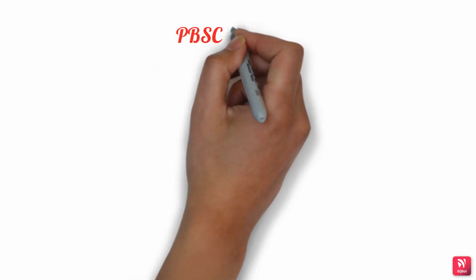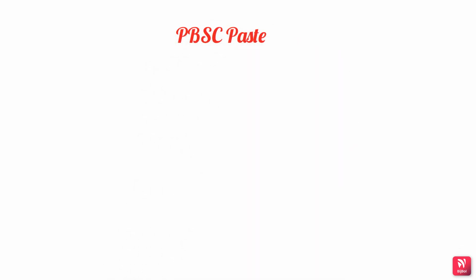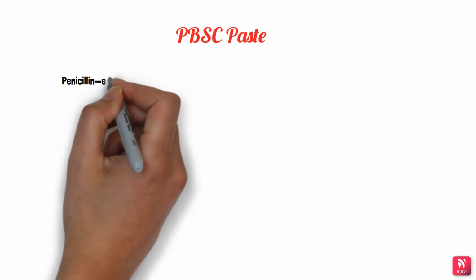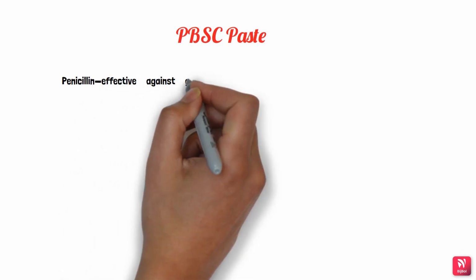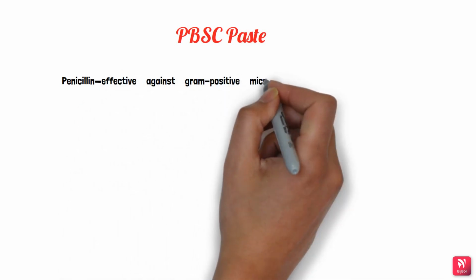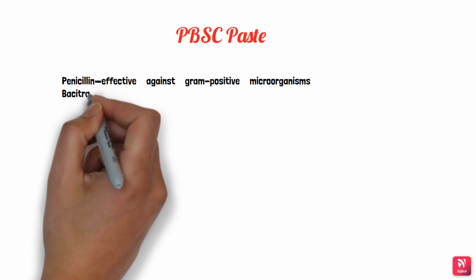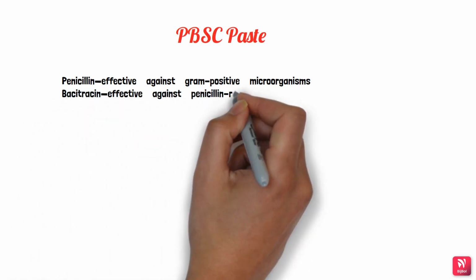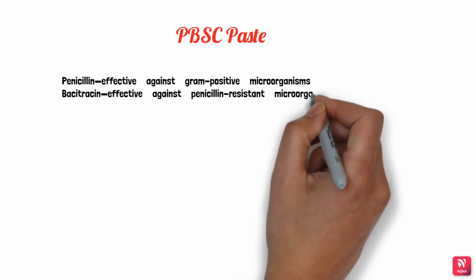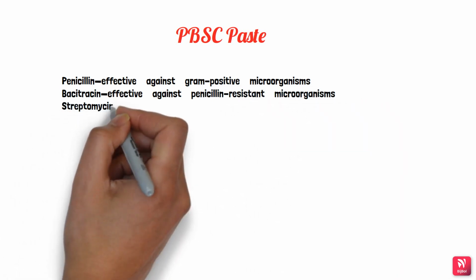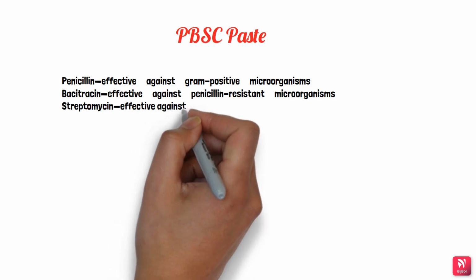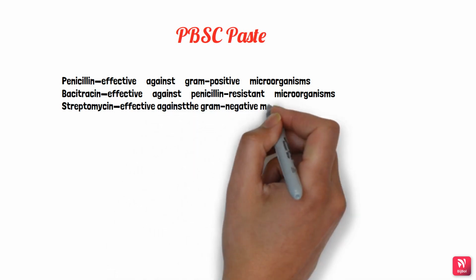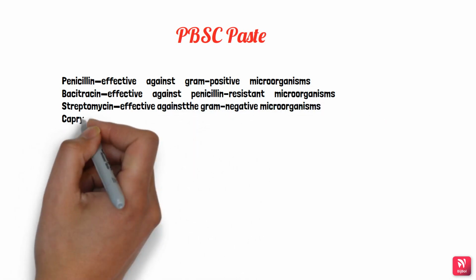Now we'll see the PBSE paste, which is also known as Grossman's paste. Here we have penicillin, which is effective against gram-positive microorganisms, and bacitracin, which is against penicillin-resistant microorganisms, and streptomycin, which is against gram-negative microorganisms.